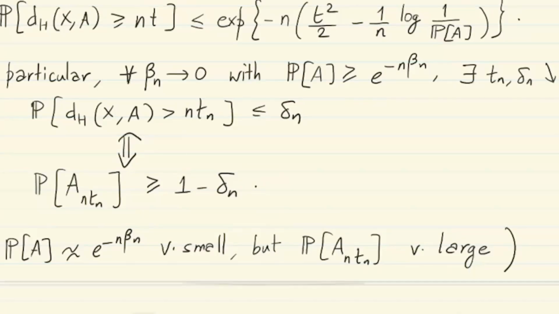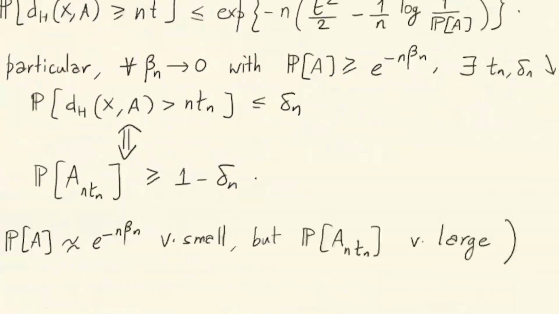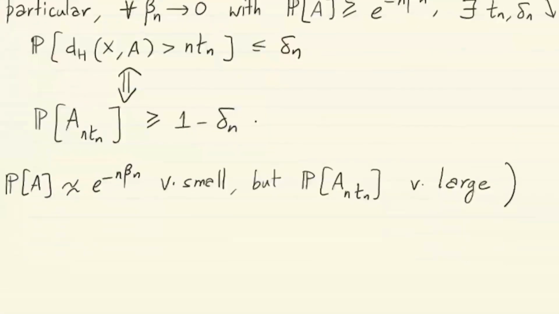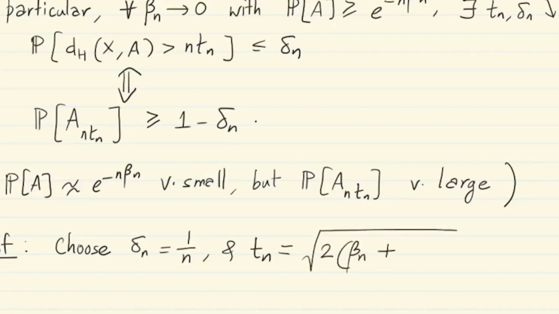Okay, so what is the proof of this second part? Well, you can do the calculations. You could basically choose delta n as 1 by n, and the required Tn that gives you this is square root of twice beta n plus log n by n.